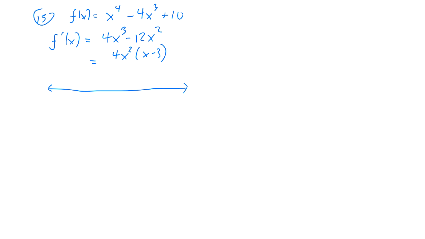A polynomial is never undefined, so I don't need to worry about where the derivative is undefined. But I do need to find the places where this derivative is 0. And that's going to happen when x equals 0 and when x equals 3. So at both of those places, the derivative is 0.